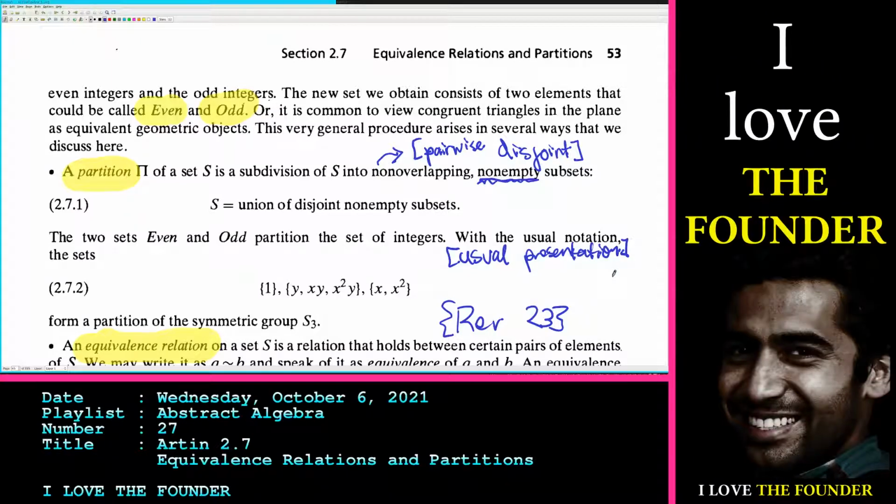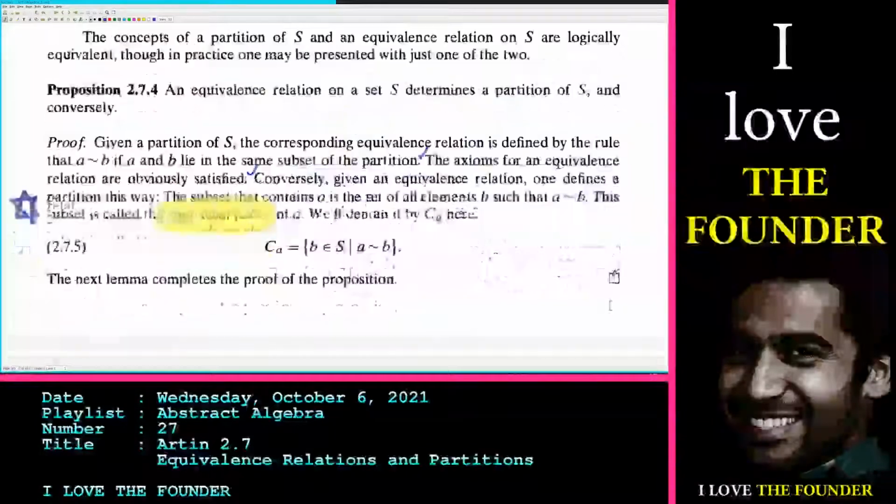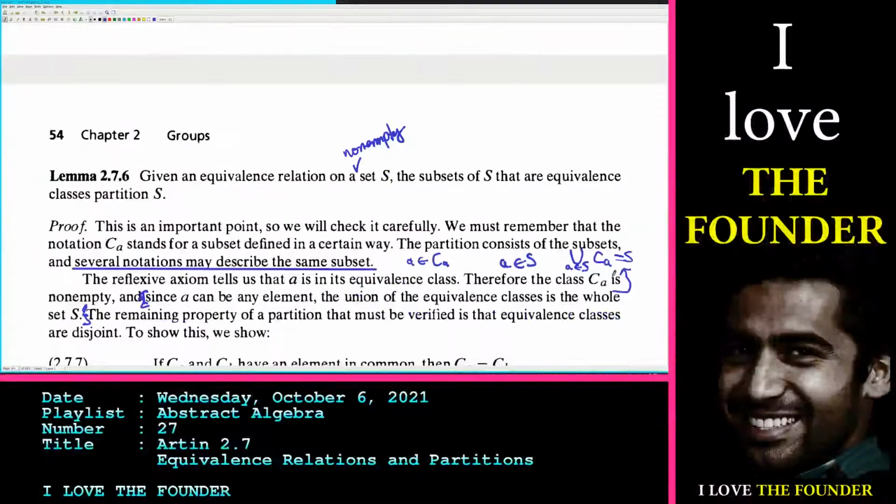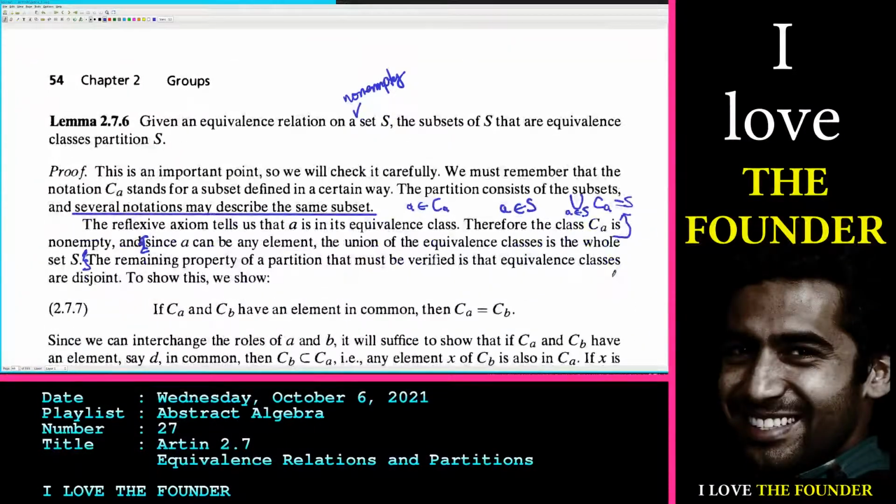Okay, so we have to show... every subset is non-empty. So we showed that. Then S is the union of the partitions. That's one of the properties. And we have to show that they're pairwise disjoint. That's the next thing.